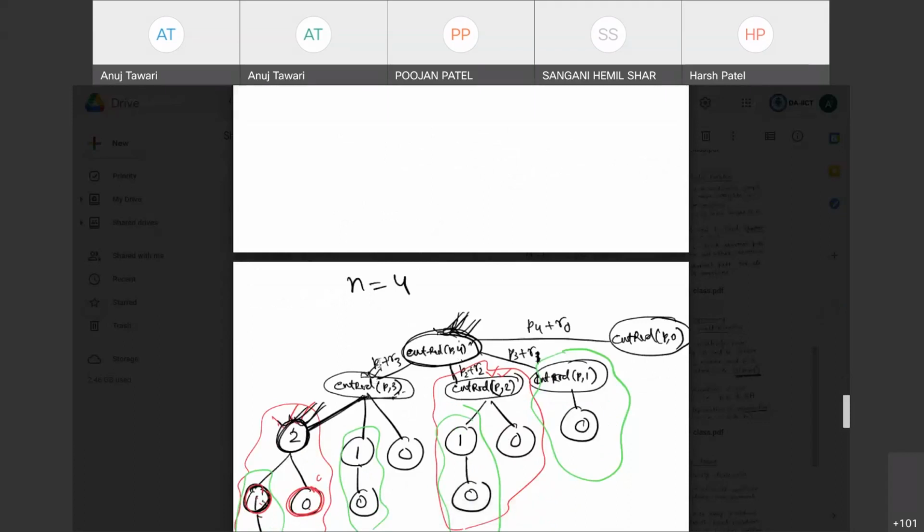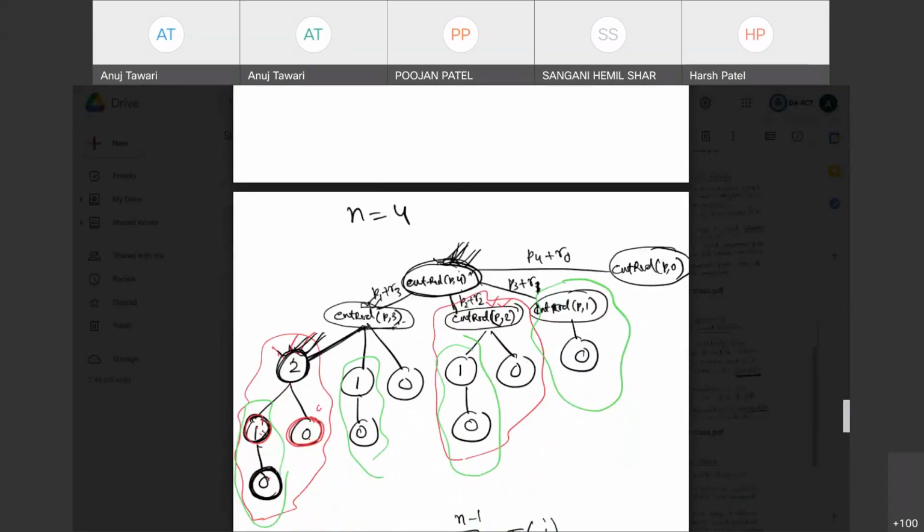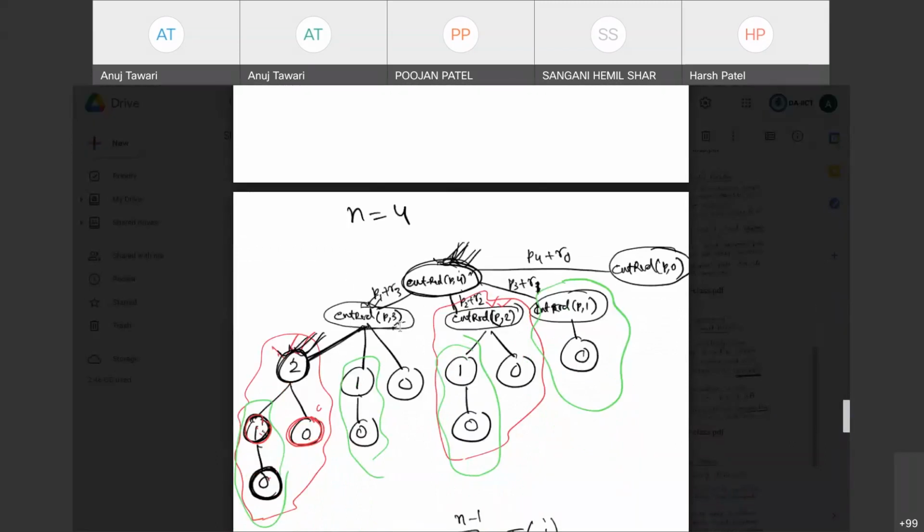Let's assume the first cut was made, and then we reduced it to cut rod(p, 3).